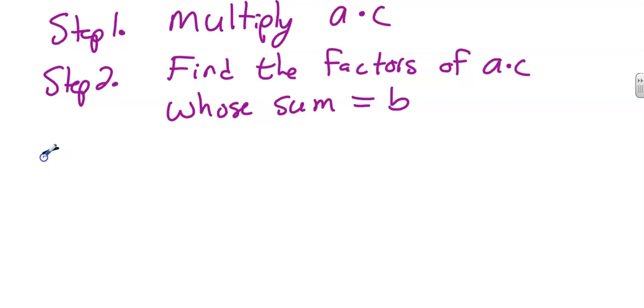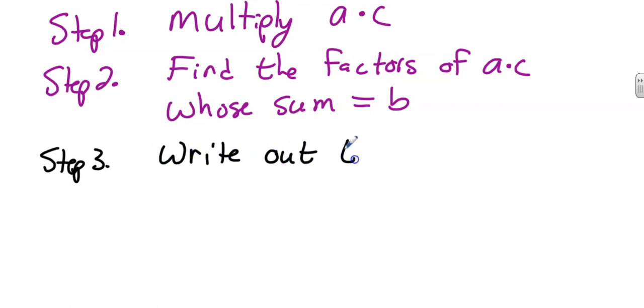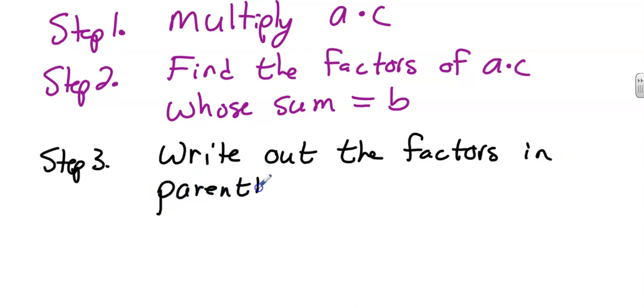I'm going to show you what I do, and I'll also show you a different way you can go. For step 3, I would say go ahead and list out the factors, just like we were doing before.